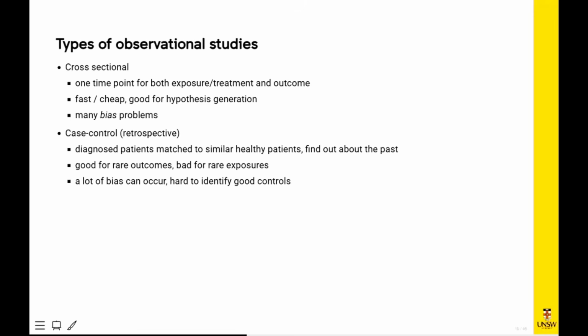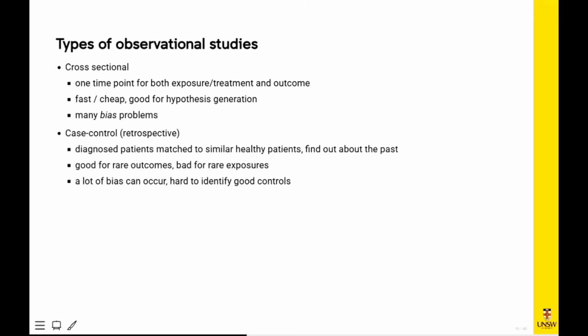These are really good for rare outcomes because if you were to just randomly select a bunch of records, you may find that you are interested in a particular rare outcome, but you don't see it very often. So you can start with identifying your 50 cases because you know that that's all there are in New South Wales or something, and then identify some controls to go along with them and then examine their case histories retrospectively.